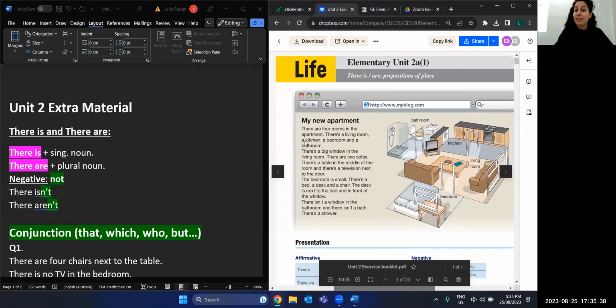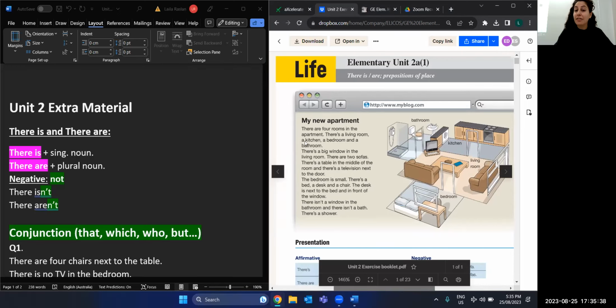And what we've been doing is not only using there is and there are to show what a place has, but we've also been showing where it is, and that's called preposition of place. So you can see down here, preposition of place. So not only there is a desk, but where is it? Well, there is a desk next to the window.